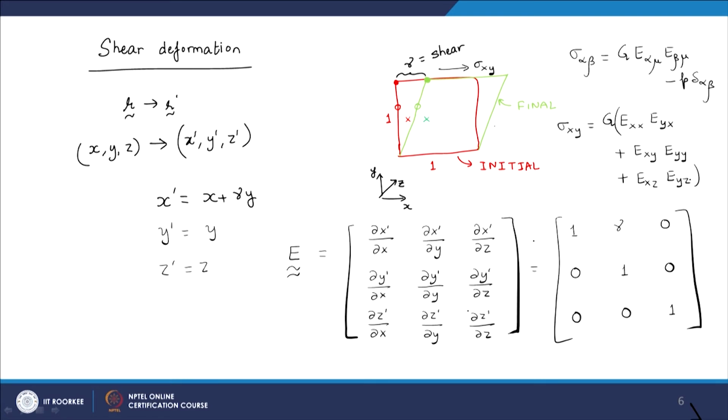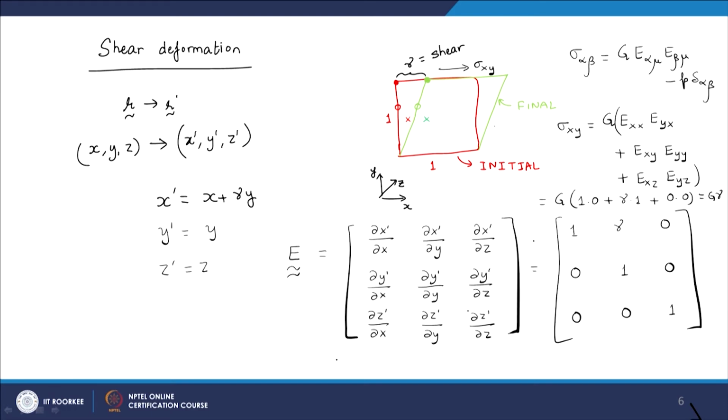So, we do not have the last term. So, this is equal to E of x x is 1, E of y x is 0, E of x y is gamma, E of y y is 1, E of x z is 0, E of y z is also 0. So, this is g multiplied by gamma.